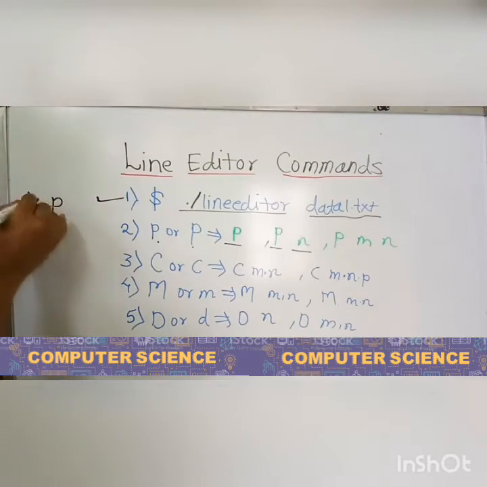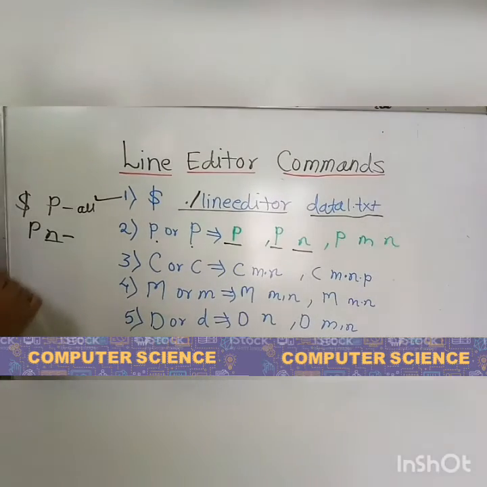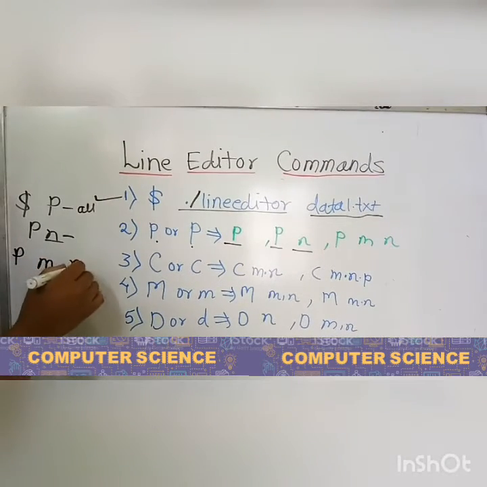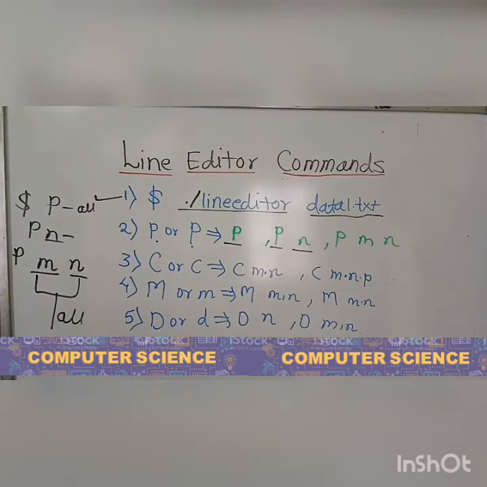From P you printed all the data, from Pn only the nth line, but if we have to deal with specific ranges, then we pass Pmn. M is the starting point and n is the last point, so it will print all the data between these m and n lines. Where a printing function is required, we use P as an option in the line editor.